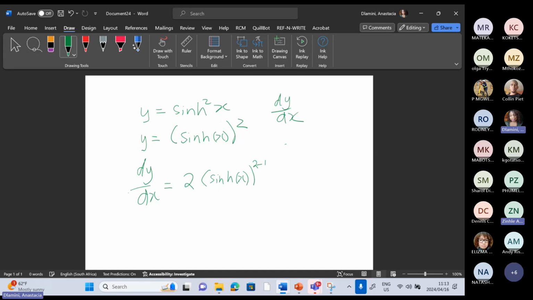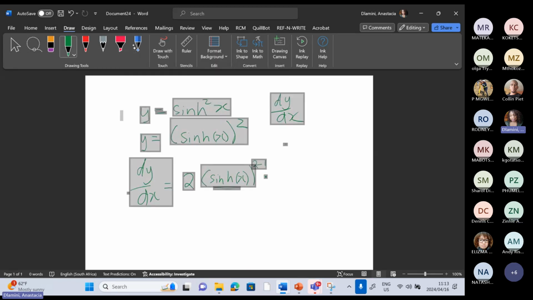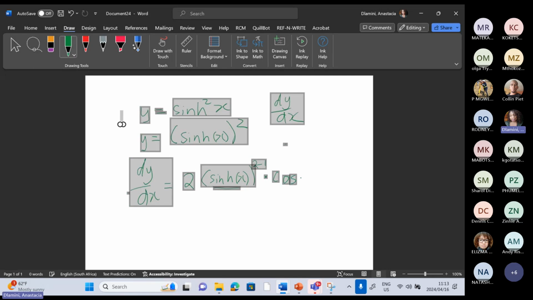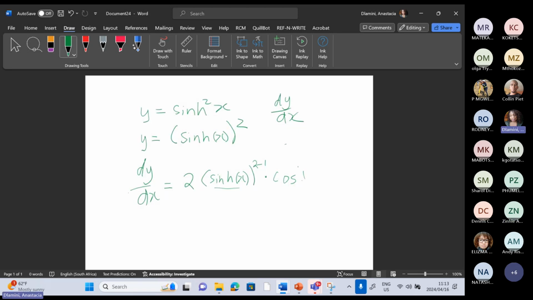So it's 2 to the power of 2 minus 1 times the derivative of sinh, which is the hyperbolic cosine of x. Let me write it properly. So this would then be equal to 2 sinh of x times cosh of x. Are we all together there, guys?